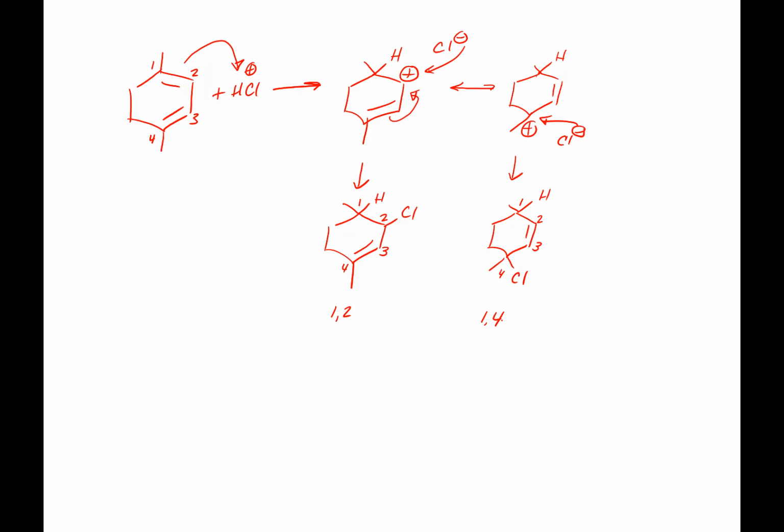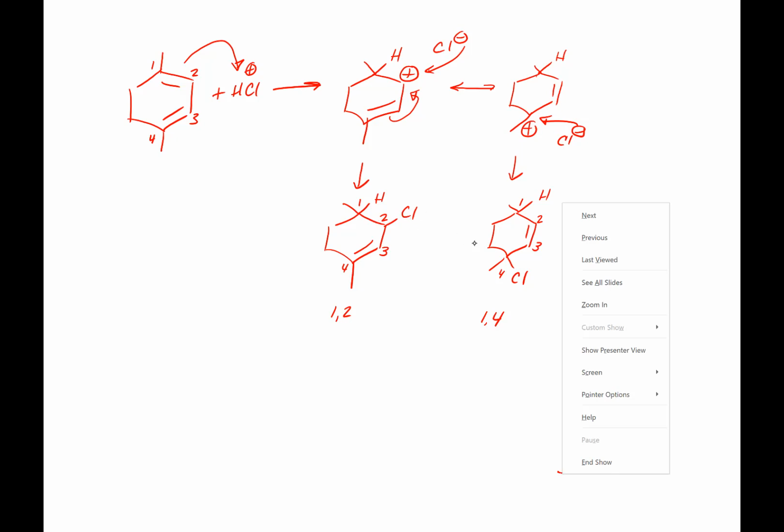Now, if you're having trouble with adding the H plus and writing the resonance hybrid from this forward mechanism, if you're able to write the 1,2 and the 1,4 products, you could start by writing those and then removing the Cl to form the carbocation, because that's where the carbocation is where the Cl is.